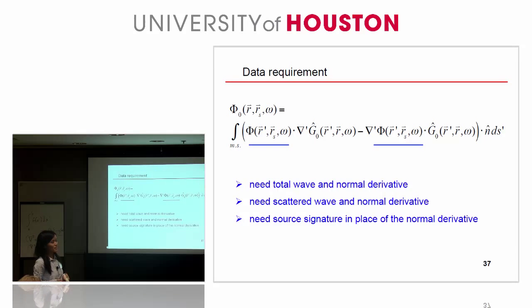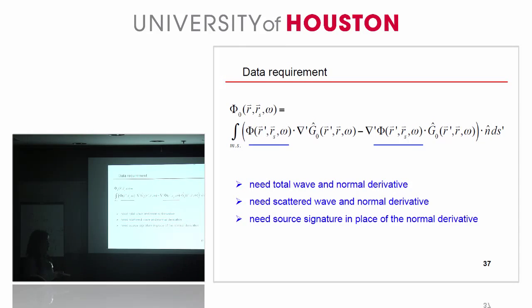For the second step, if you would like to remove the ghost from your reflection data, you need the reflection data or scattered wave and its normal derivative. And the third thing is, if you have the source signature, you can arrange to replace the requirement of the normal derivative.